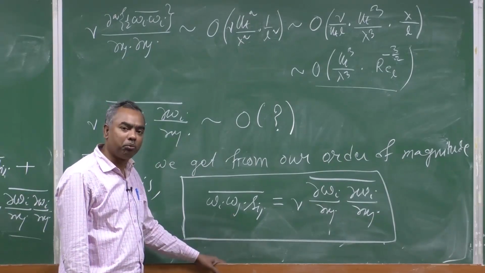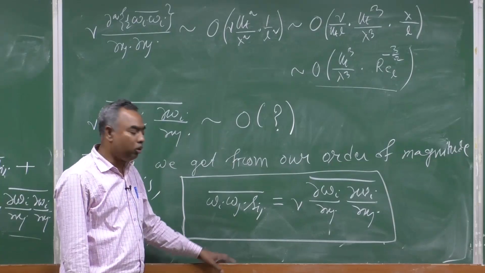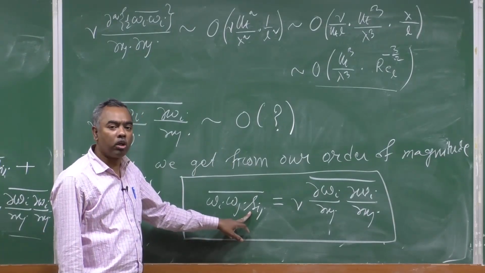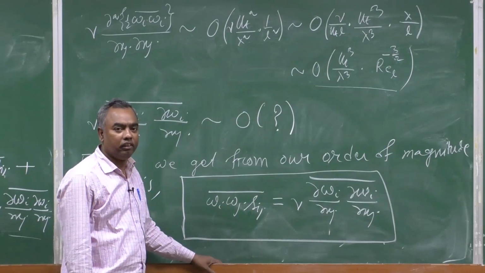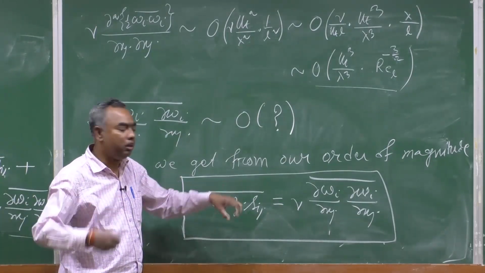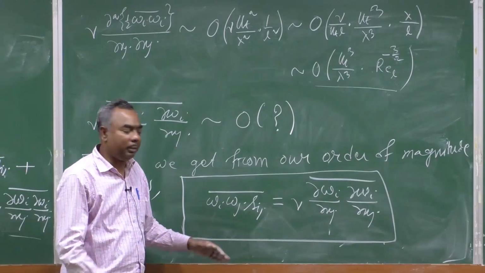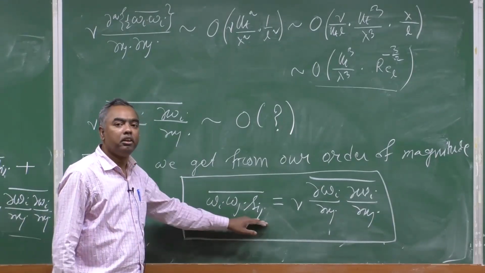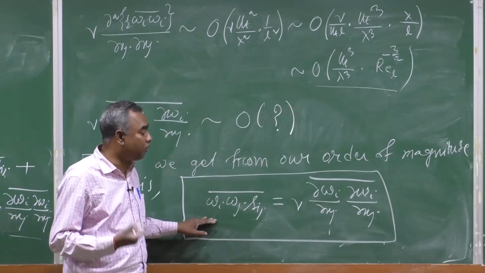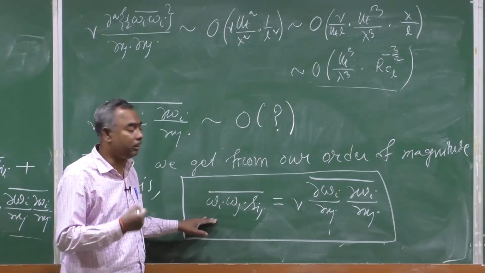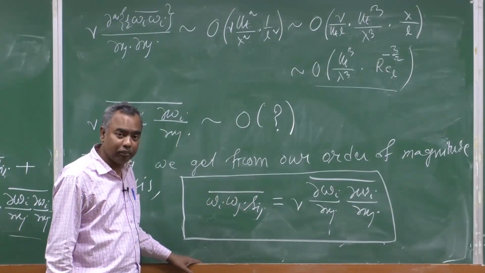Since this term is going to be positive, vortex stretching should be more as compared to vortex squeezing. That means the stretching will be more, because in that case it is going to be positive. For squeezing it is going to be negative. So, on an average, vortex stretching is more as compared to vortex squeezing. That is what this equation says.